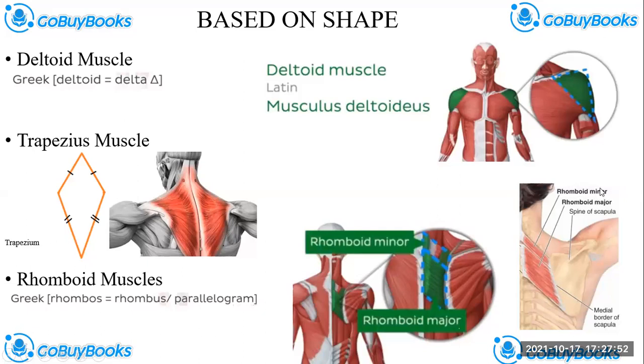If you want to translate rhomboid minor to plain English, that's it: small parallelogram muscle. For the rhomboid major, it's big parallelogram muscle. Do you get it? Yes, sir. So we can move on, right? Yes, sir. Thank you very much.